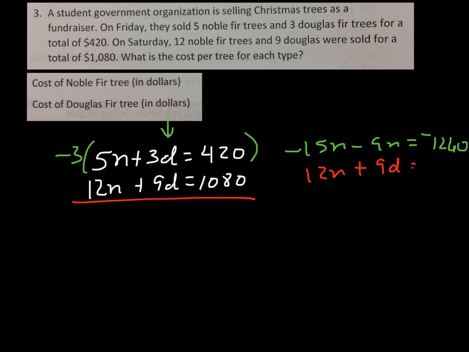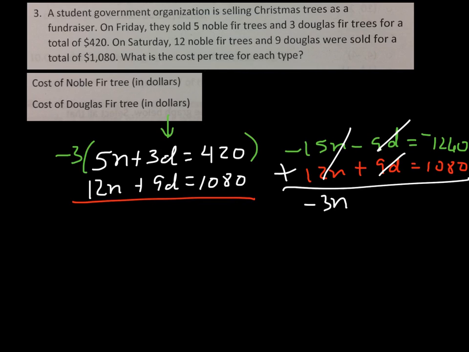Oh, that was supposed to be a D, wasn't it? Let me go back and change that. That's supposed to be a D, not an N. Now, I'm going to add straight down. This eliminates to give me -3N. These two are opposites, so they eliminate.